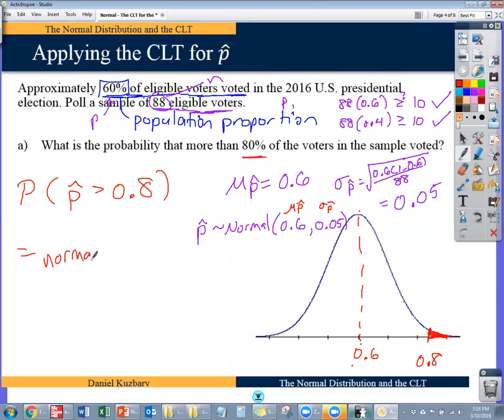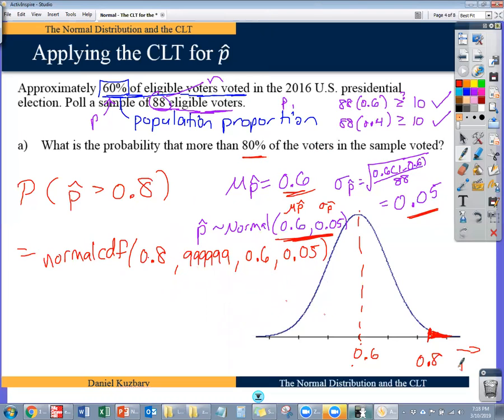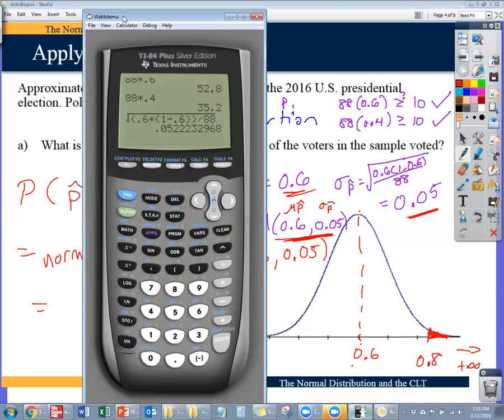I'm going to do normal CDF with left bound 0.8. Let's do right bound 9999999. The mean is 0.6 and the standard deviation 0.05. And I got that from right here because I calculated those things right there. This is my left bound, the greater than 0.8, and my right bound, it goes up forever, all the way to positive infinity. So I'll do this the same way I've been doing normal probabilities this whole time.